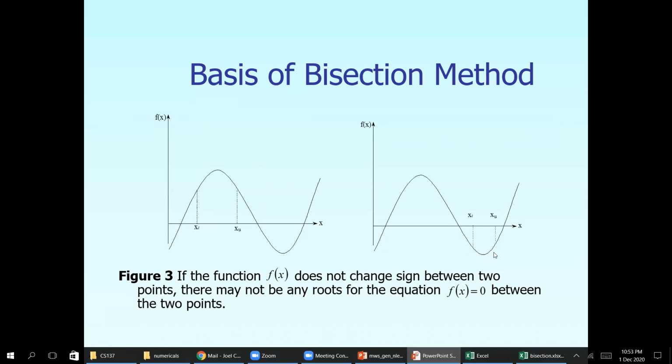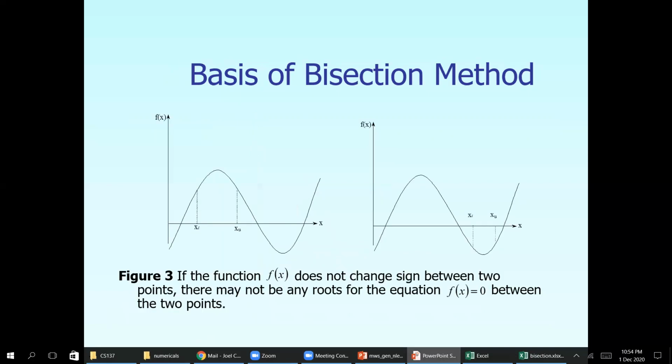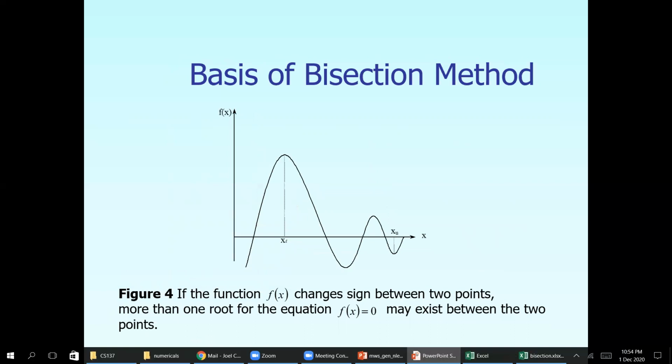So it is not safe to choose values where both answers at the upper and lower points have the same sign. There is a possibility that there is a root in between, and a possibility that there's no root in between. That's why it is better to choose one value of x that gives a negative result and one that gives a positive result.